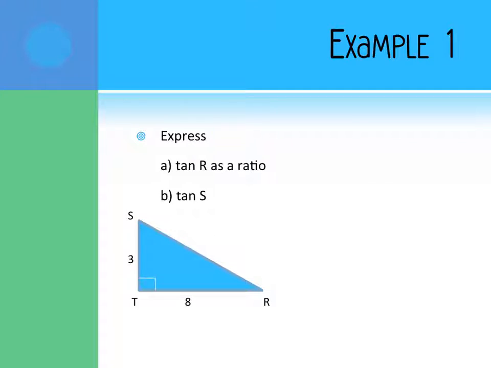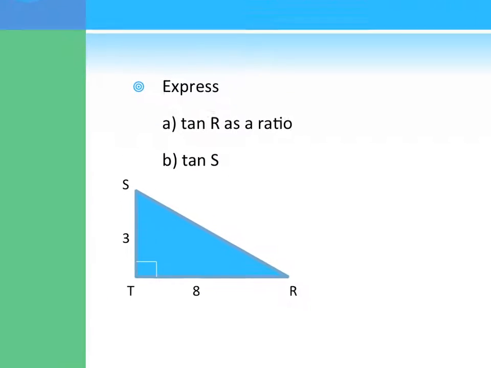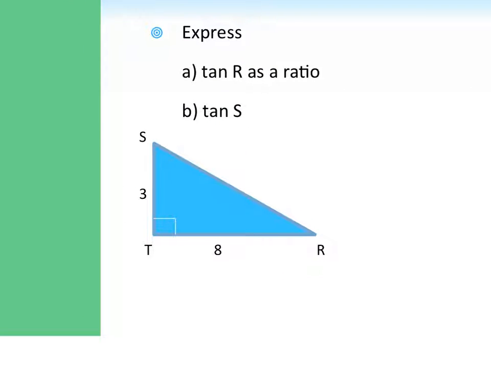All right, let's look at one with some numbers here. So we want to write the tangent of R. We're talking about angle R. So let's go ahead and label our picture. Okay? Which side, which number is opposite of R? 3. The 3. So I'm going to label that as OPP, opposite. Which side is adjacent to R?